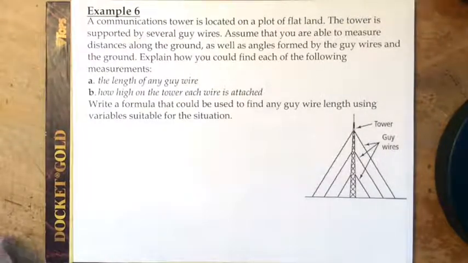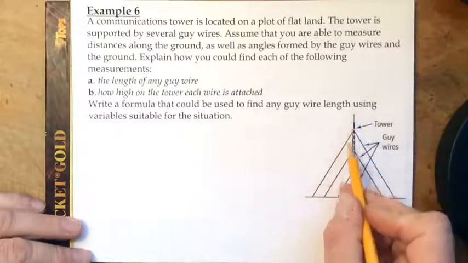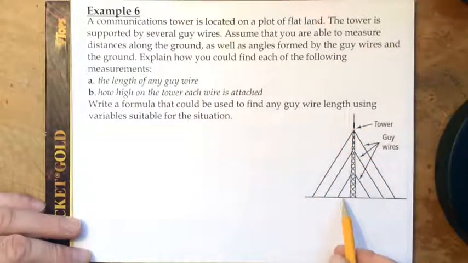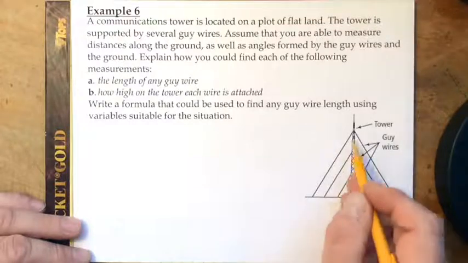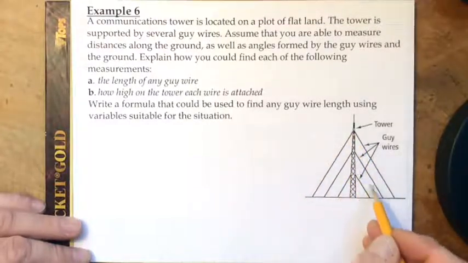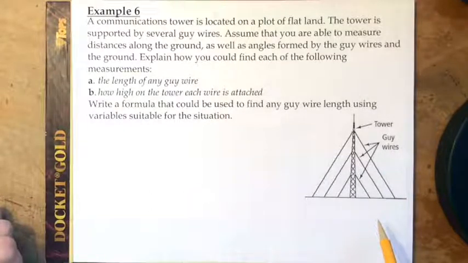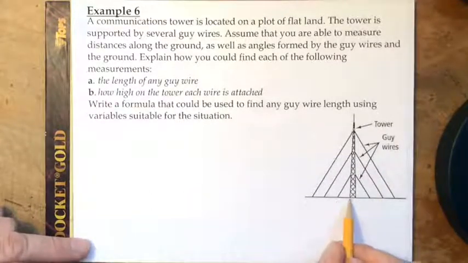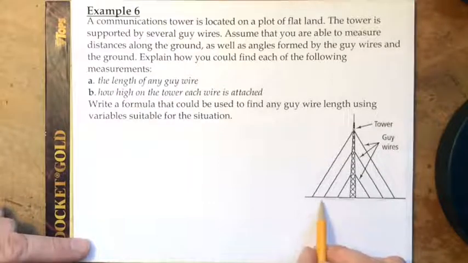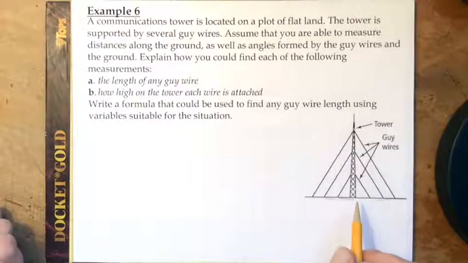Example 6. A communications tower is located on a plot of flat land. The tower is supported by several guy wires. So here are the guy wires, here and here. Assume that you are able to measure distances along the ground, so we can measure any distance along here that we want to, as well as angles formed by the guy wires and the ground.